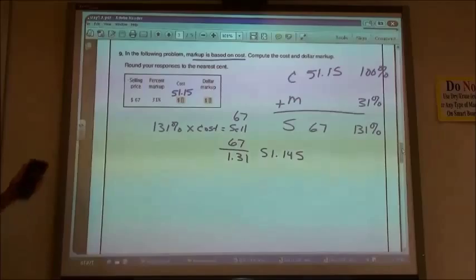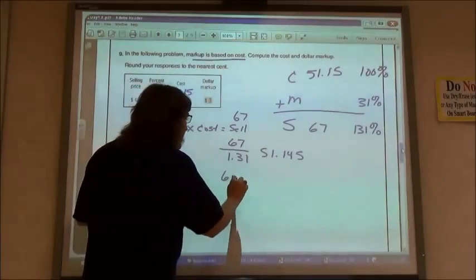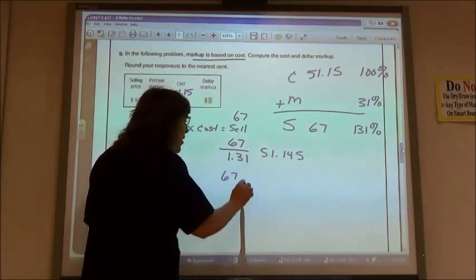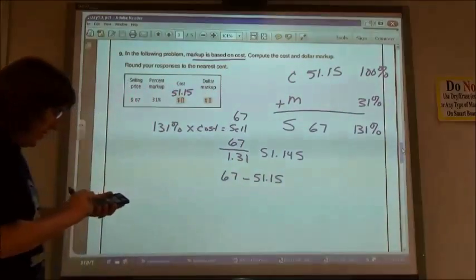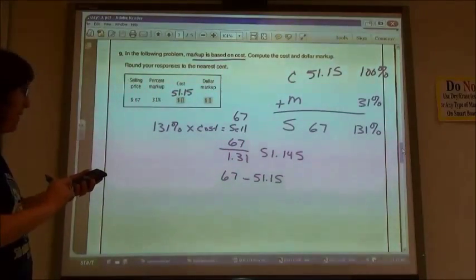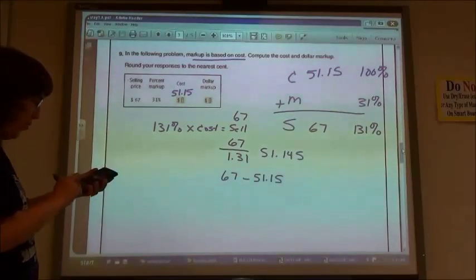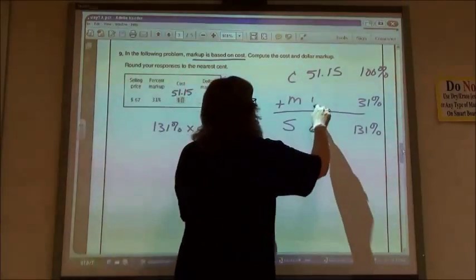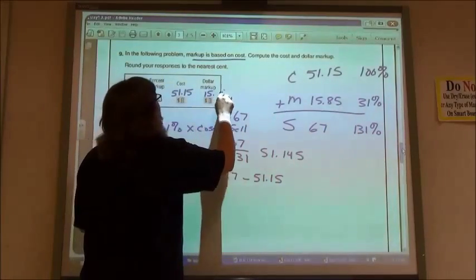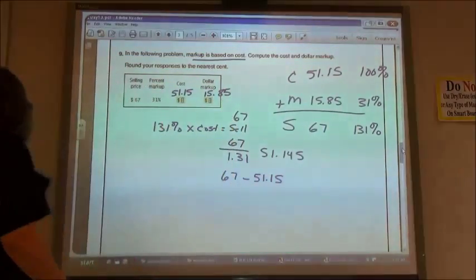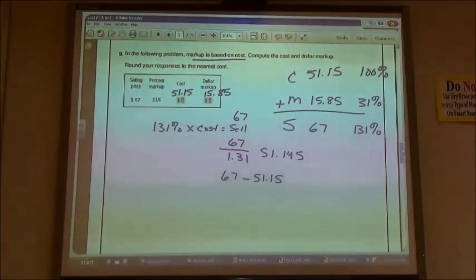My dollar markup then, the easiest way to do that is just take the $67, that was your selling price, and subtract the $51.15. So 67 minus 51.15 gives me $15.85. So the dollar markup, I marked it up by $15.85.